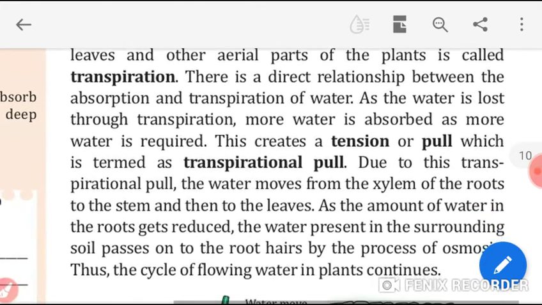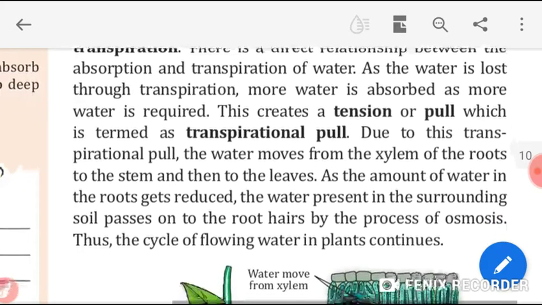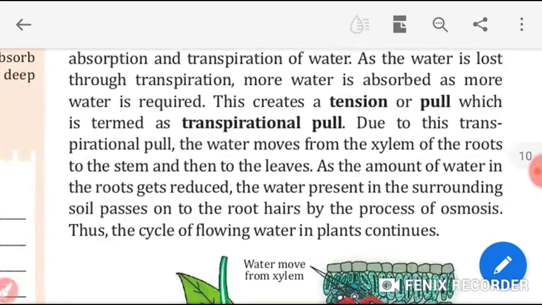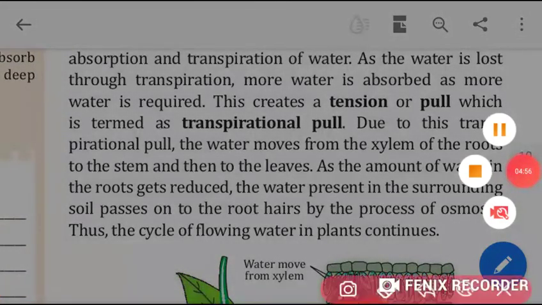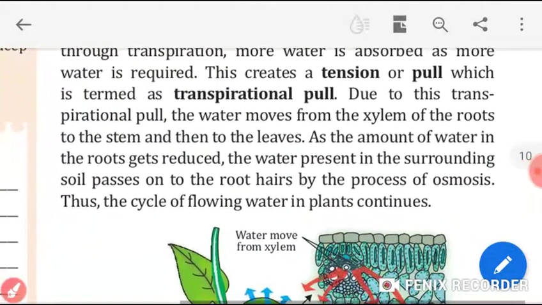There is a direct relationship between the absorption and transpiration of water. As the water is lost through transpiration, more water is absorbed as more water is required. This creates what? Some tension or pull, which is termed as transpirational pull.